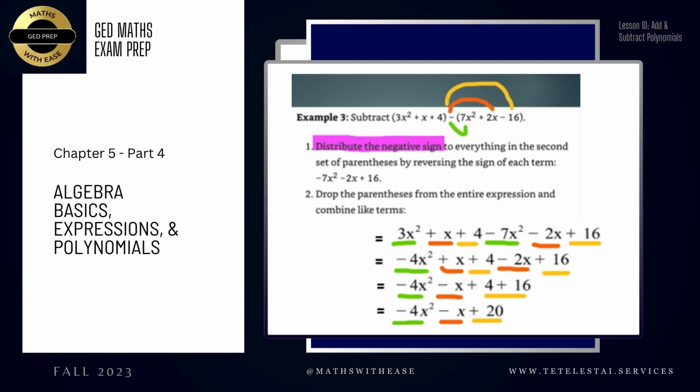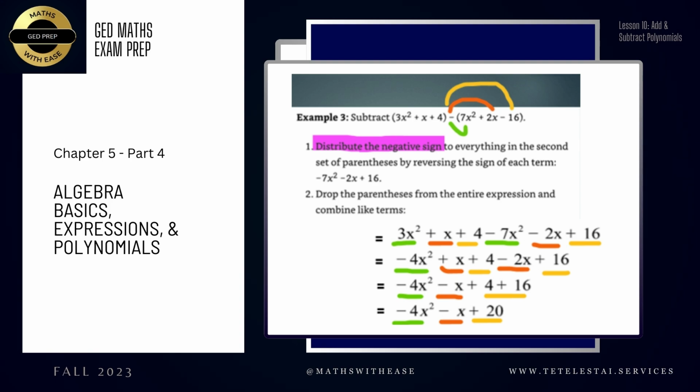Again, in the last lecture, we discussed that you can treat this negative sign as a -1. And so when you distribute -1 across this trinomial, this three-term expression, you'll be left with a positive sign outside the brackets and the negative sign applied to every single term inside the brackets.